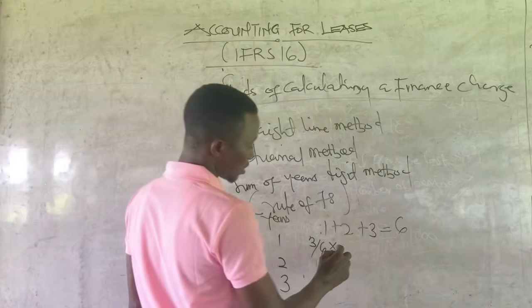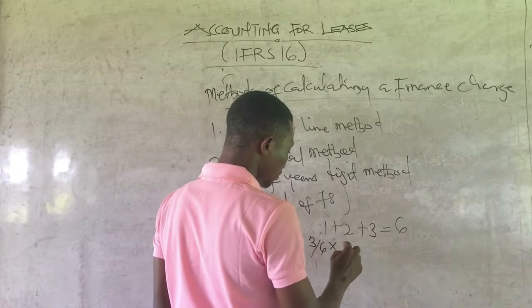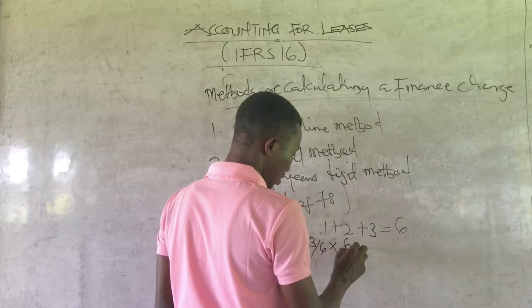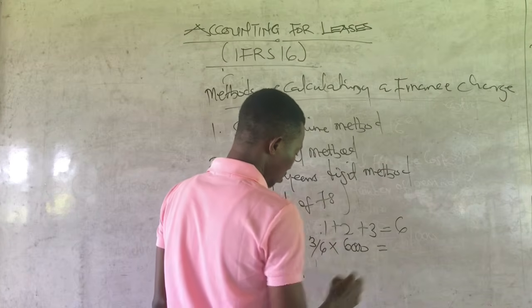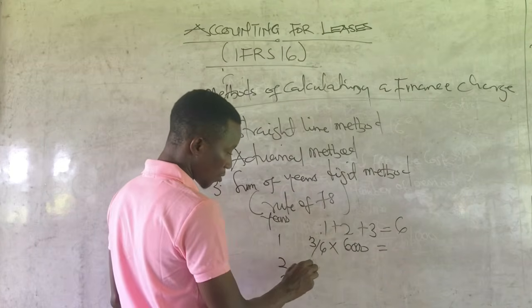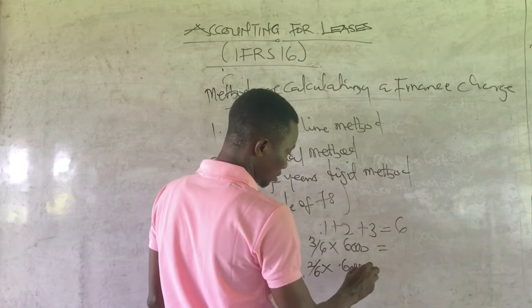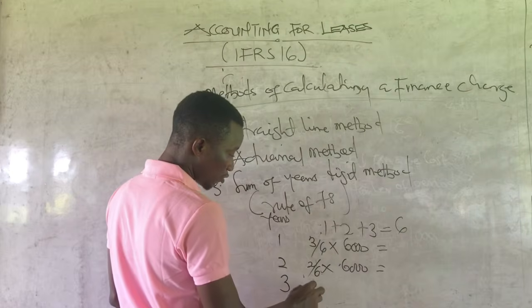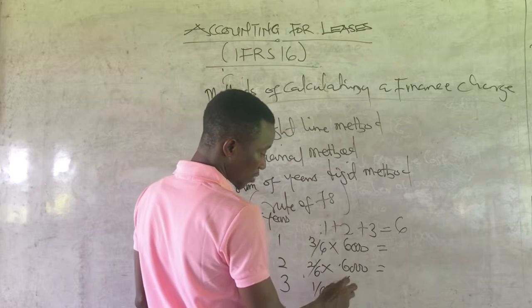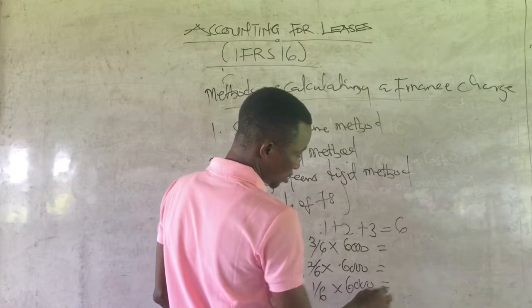So if the total finance charge is maybe 6,000, the second one will be 2 out of 6 multiplied by the same 6,000, and then the third one will be 1 out of 6 multiplied by the same 6,000.